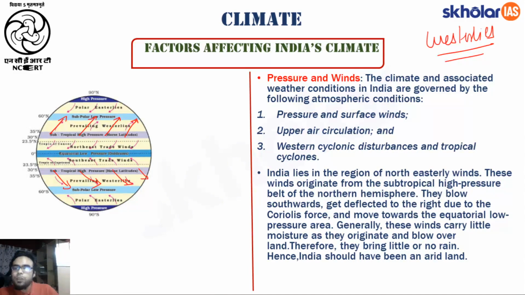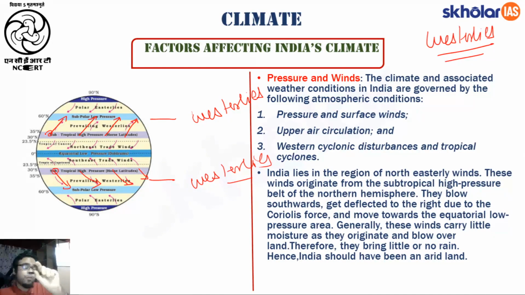So these winds blowing from the subtropical high pressure towards the subpolar low, we call the westerlies. Now why the term westerlies? Because they originate on the western side and blow towards the east. We always name it from the direction where it originates, understood. Trade winds blow from subtropical high pressure to the equator, and westerlies from the subtropical high pressure towards the subpolar low.